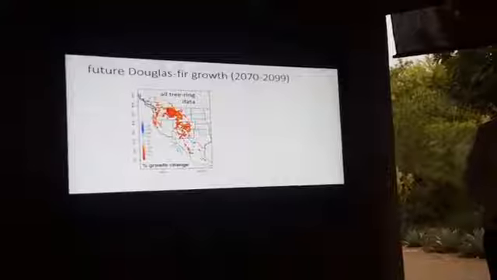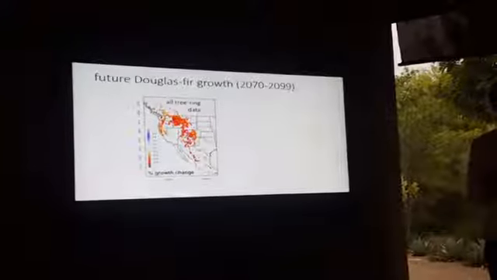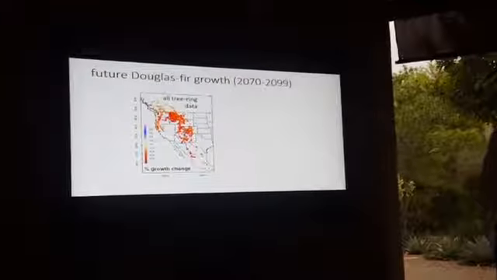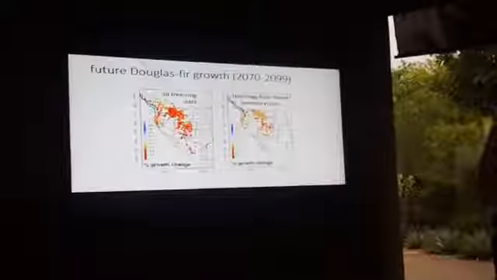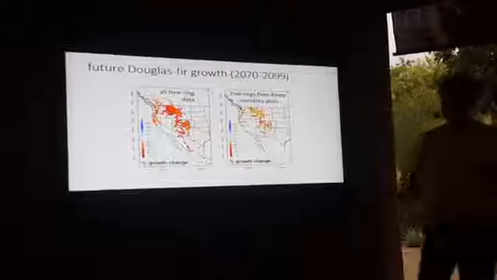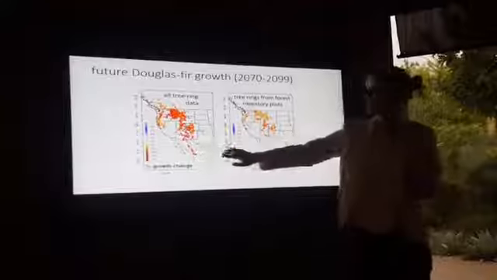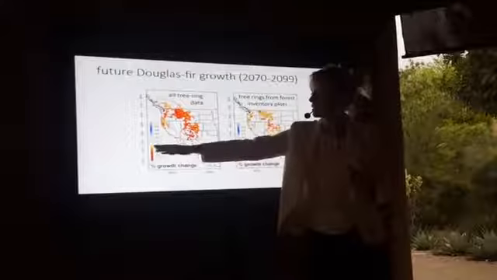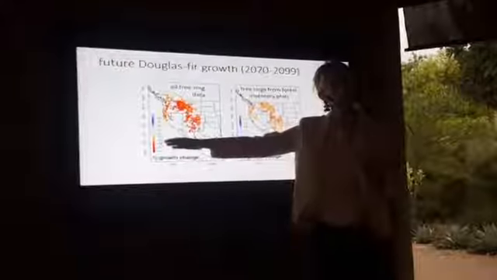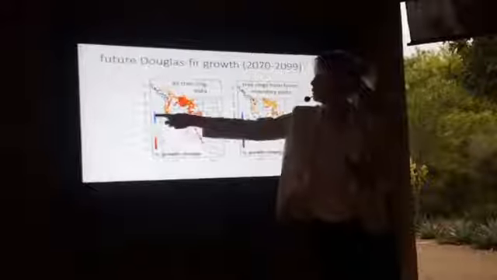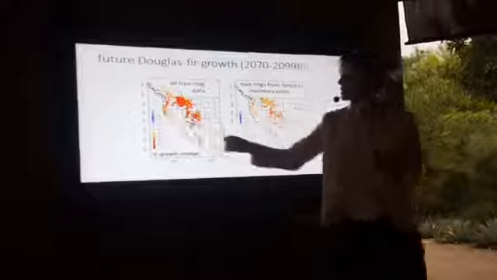Okay, so what does it look like? What do the projections from this statistical model look like? I'm going to show you, again, something similar to the result that you saw earlier. If you use all the tree ring data, the colors here show predicted decline in the width of the ring, and blue and purple colors are predicted increases.